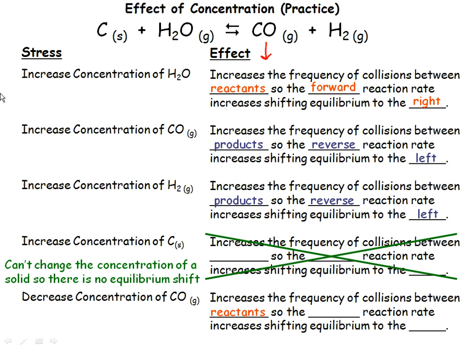So increasing the frequency of collisions between the reactants will shift the reaction in the forward direction, and therefore by decreasing the concentration of carbon monoxide, the reaction will shift towards that decrease, and that will be a shift towards the right-hand side there.